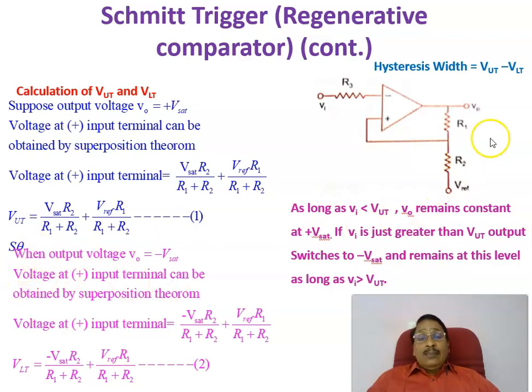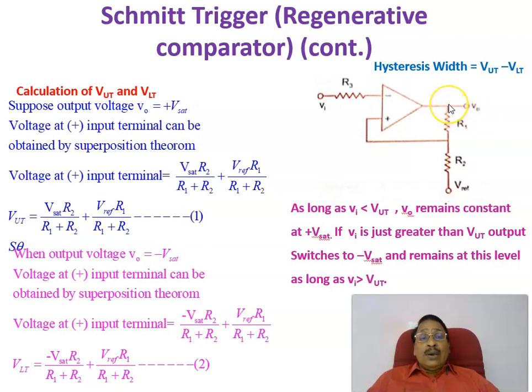Now, as I told you, when the input voltage is more than the upper threshold voltage, the output voltage will change to minus Vsat.